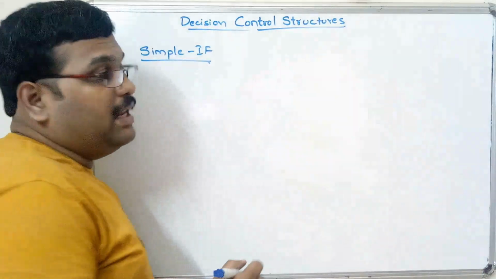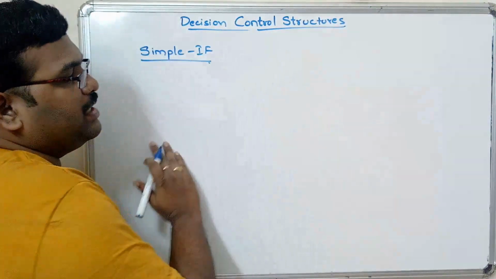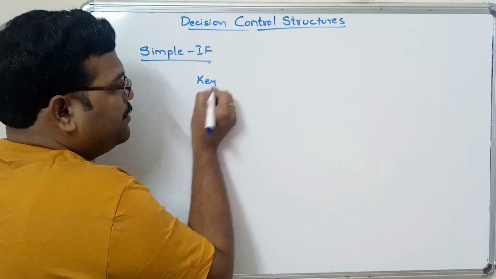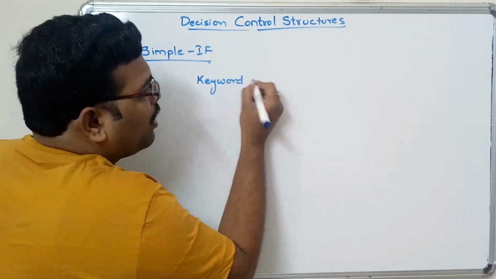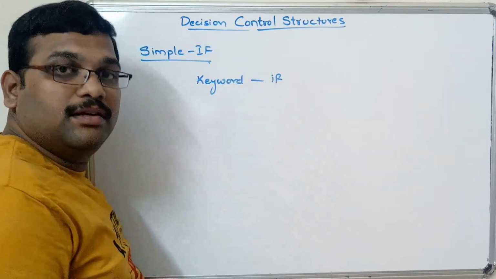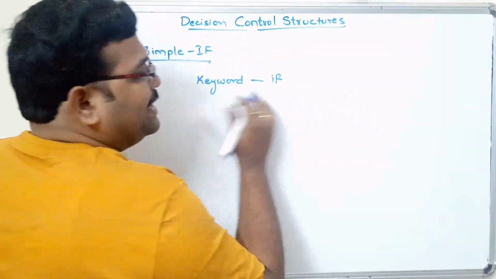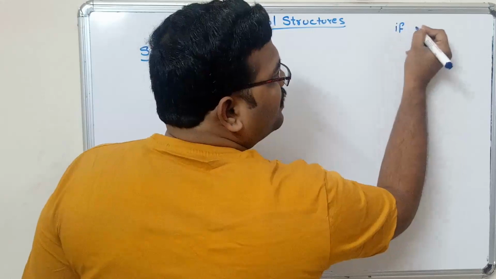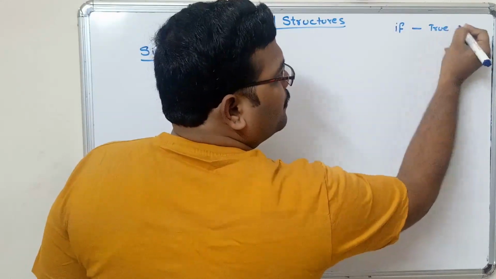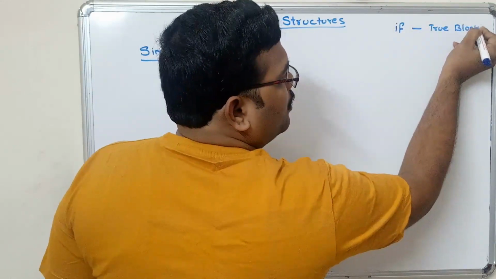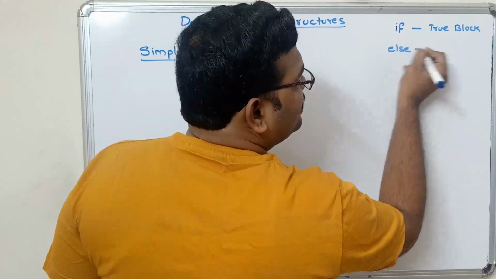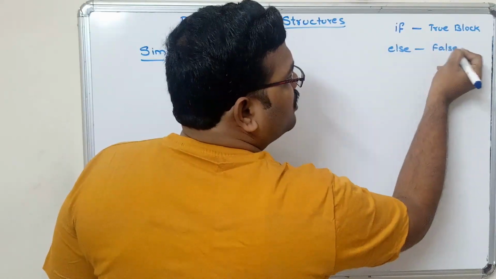In the simple if, we are using the keyword if, in small letters, and simply we can say if is a true block. Similarly, else is a false block.